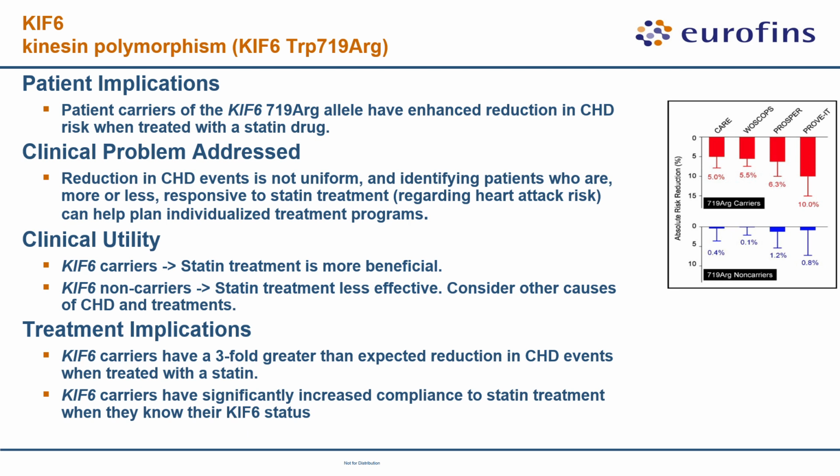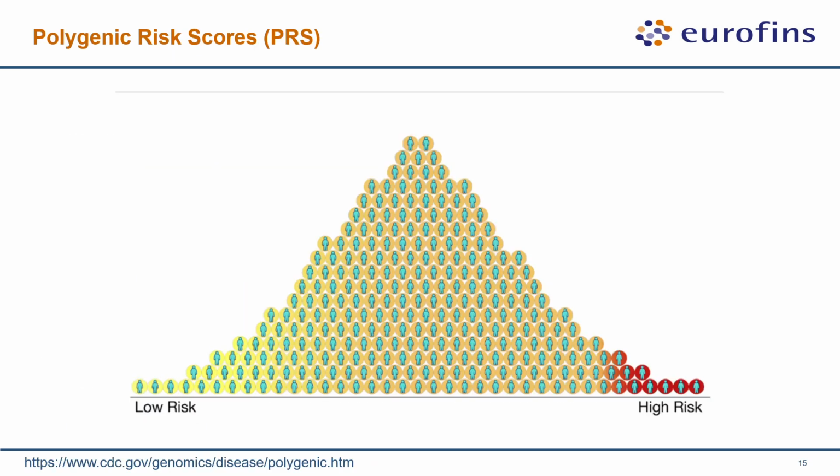And in the trials, carriers of KIF6 were benefiting more from the statin treatment, and non-carriers were benefiting less. And therefore, just one heritable germ-line mutation can actually affect an individual's potential to benefit from statin medications. But is this really enough?